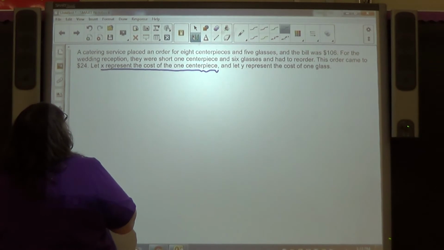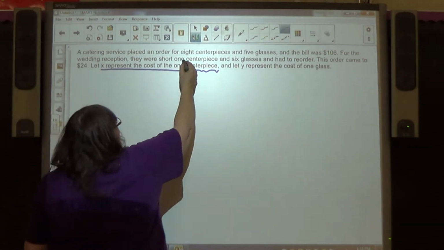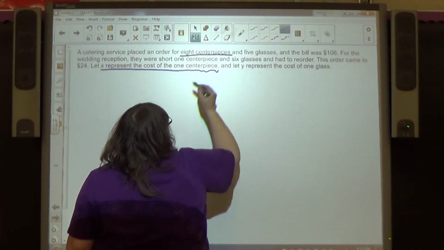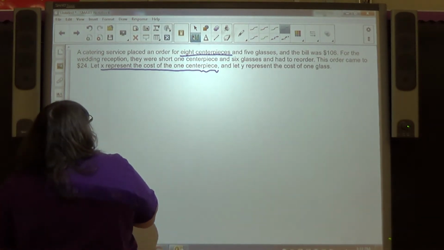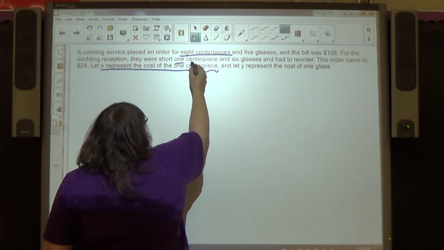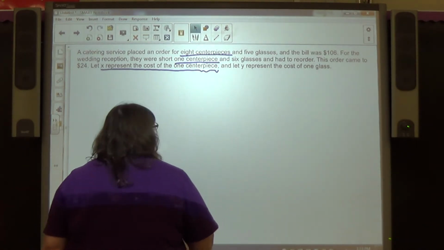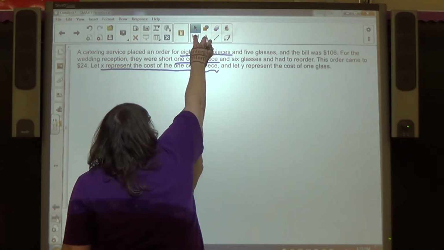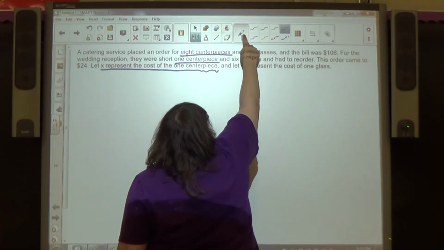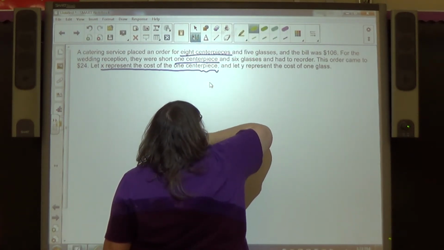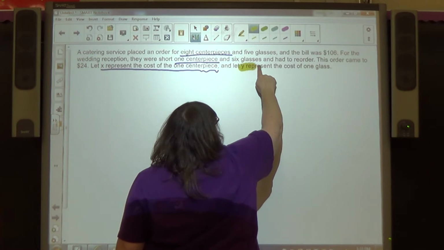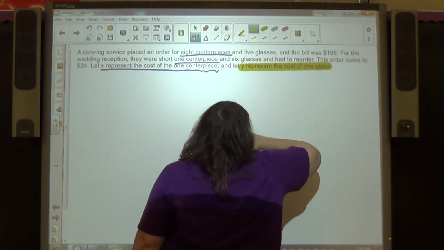So let's look at where we have centerpieces. We have 8 centerpieces here and 1 centerpiece here. Okay. Then we need to look at the Y part, which is the glasses.